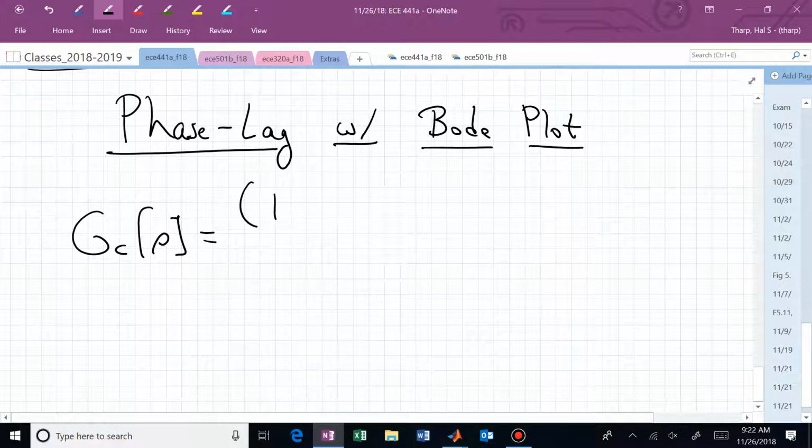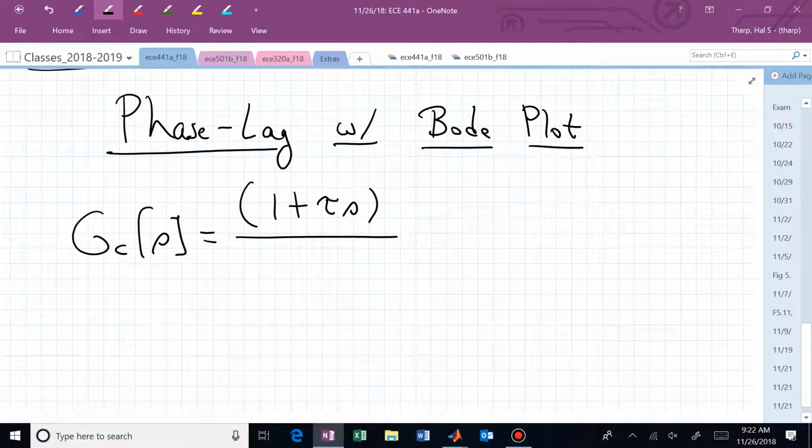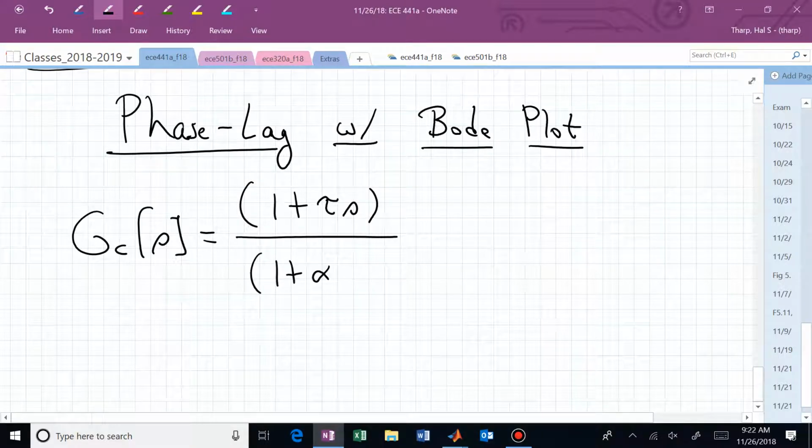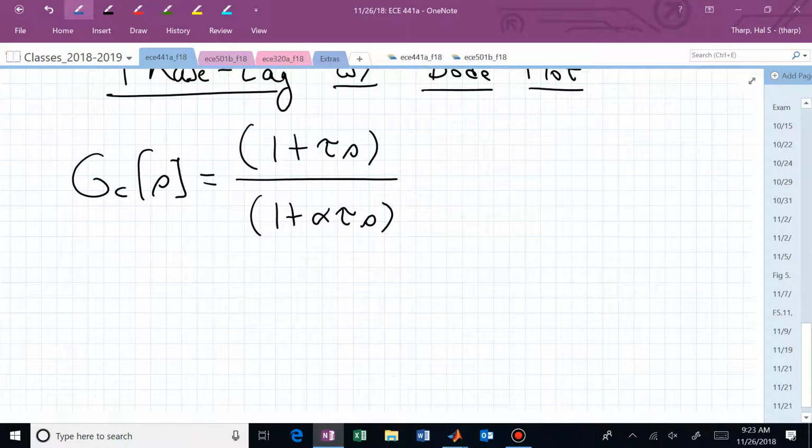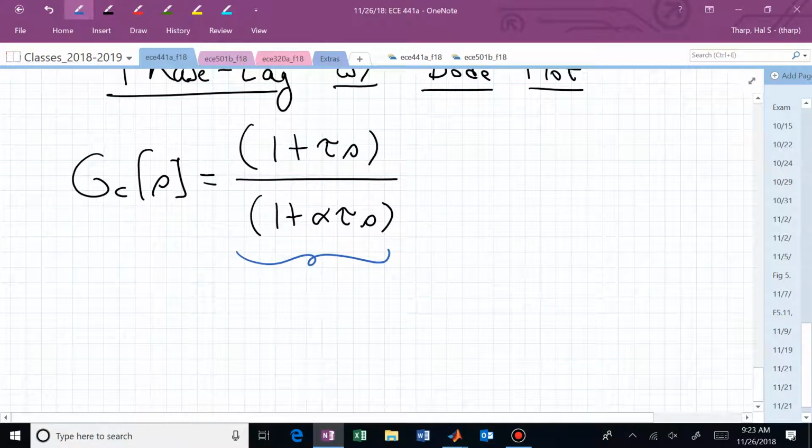We're going to write it in time constant form, where the numerator factor will have our time constant tau, and then the denominator factor will differ from that by this difference between our pole and zero, a factor of alpha. Here is now our controller in time constant form.